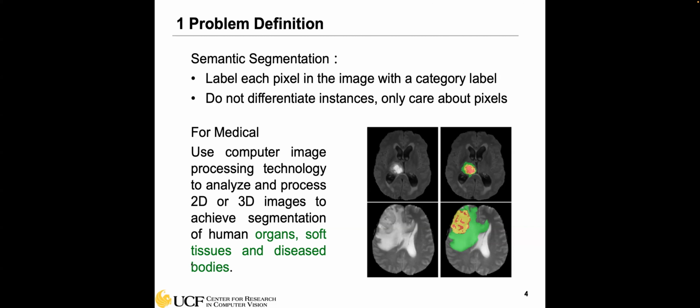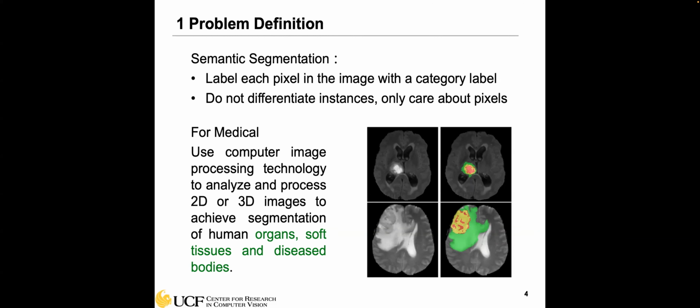So if we are talking about natural image semantic segmentation, maybe we have a photo we took during a trip, and we want to segment whether this is a human, this is a dog, a cat, right? Different categories. And we want to label each pixel with the category it belongs to, right? Maybe this is sky, this is grass, right?